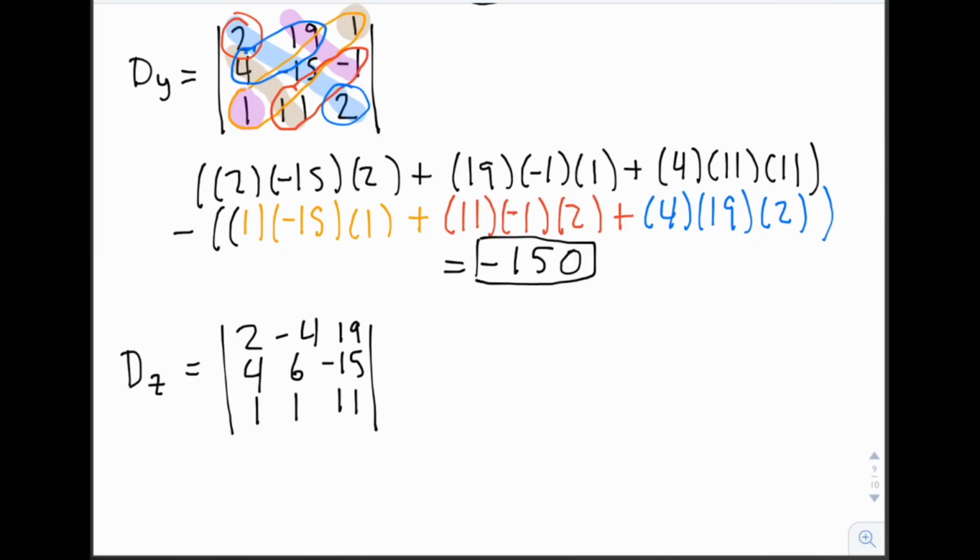So again, let's figure out what our diagonals are going to be, moving in the downward direction first. So we might have a 2, 6, and then an 11.